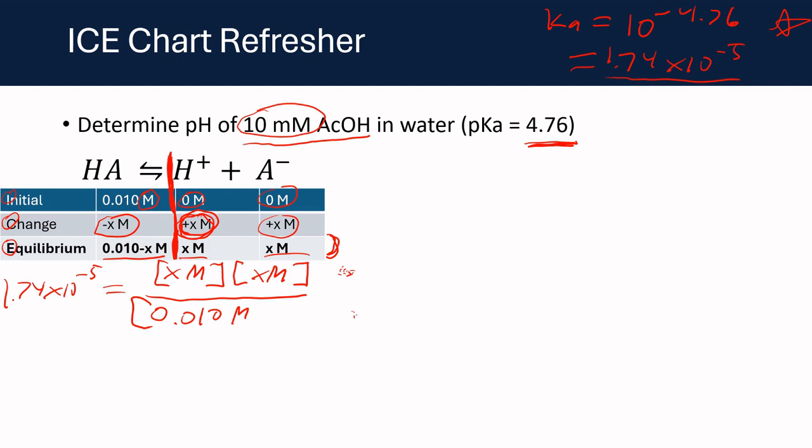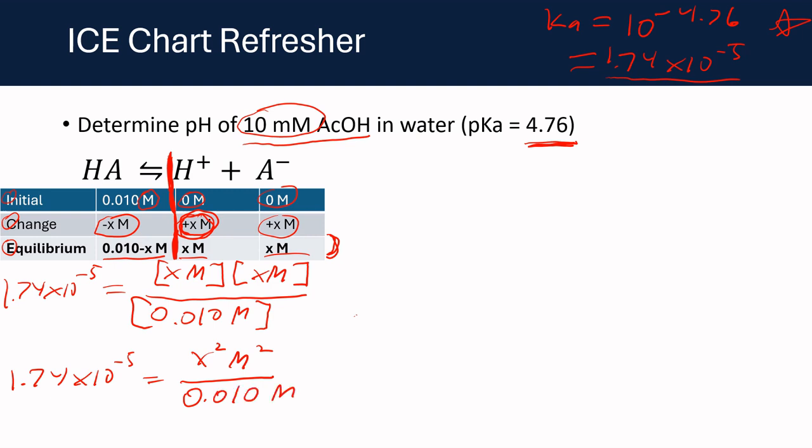So we're going to do a little cheat code here, and we're just going to forget about this minus x. That's not something you can normally get away with in math, but this is the only instance that I'm aware of that you can just drop an x willy-nilly, so I say go for it. And this is already looking like a more manageable problem to solve. So let's try to clean this up a little bit, all right? 1.74 times 10 to the negative 5 equals x squared molar squared over 0.010 molar.